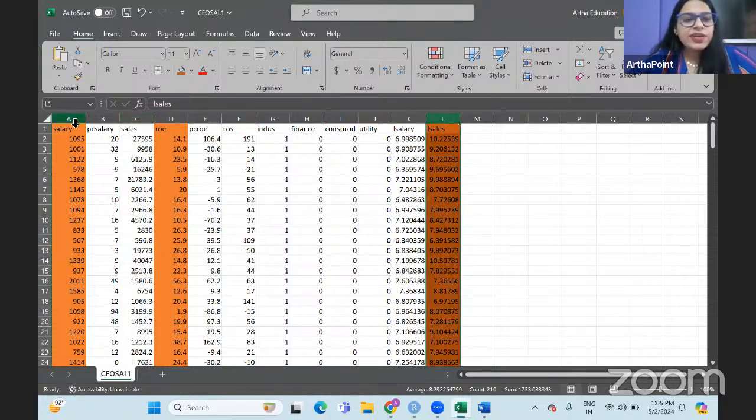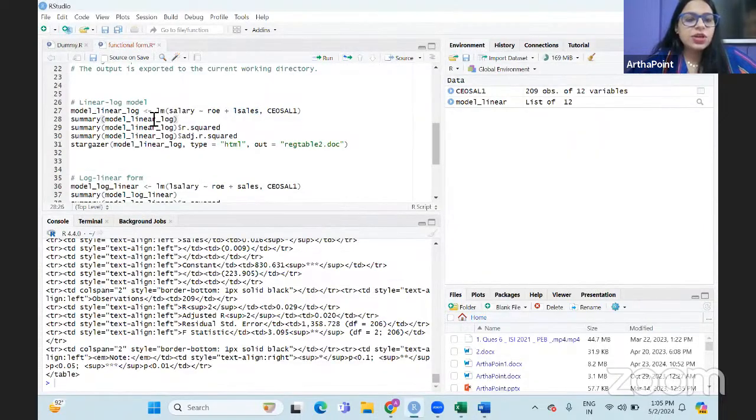So now I need to run a regression of salary with ROE and this log variable. This is what I have done here. I am saying take another model, name this model as model linear log, and run a linear regression. In this regression, we are running salary on ROE and on log of sales, and the data set is CEOSAL1.